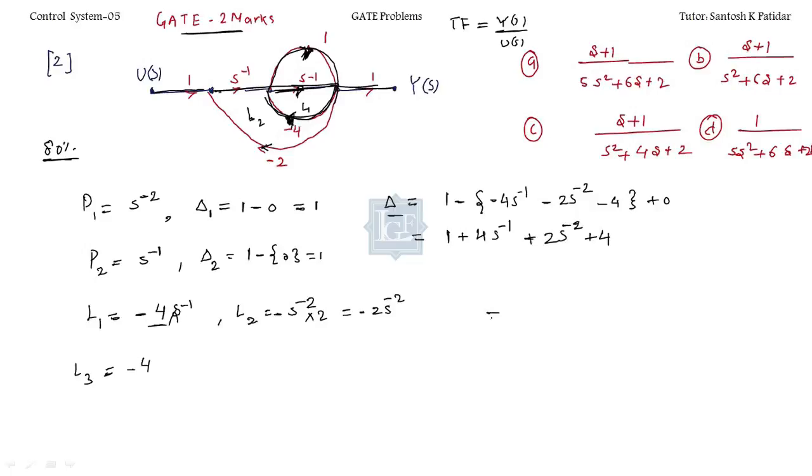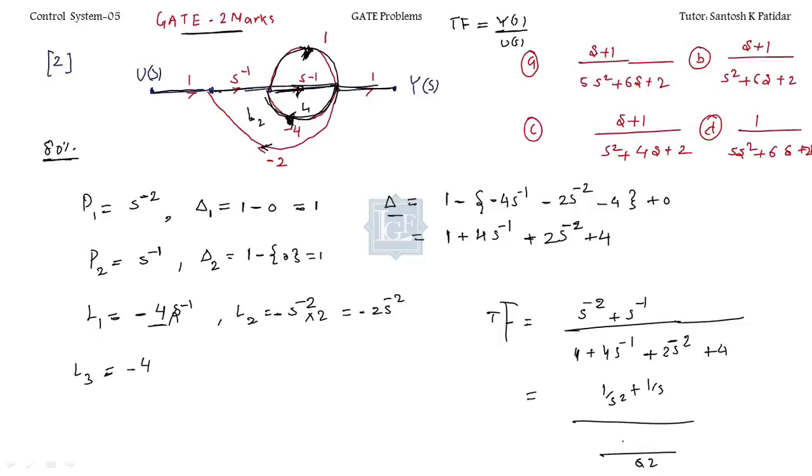This is your delta. Now the transfer function is s to the power minus 2 plus s to the power minus 1, divided by 1 plus 4s inverse plus 2s to the power minus 2 plus 4. But the options are not given in this format, so you have to change it. So this is 1 by s square plus 1 by s.